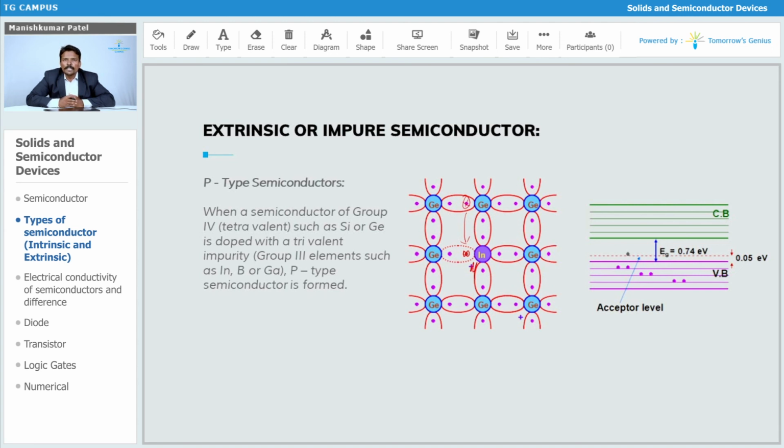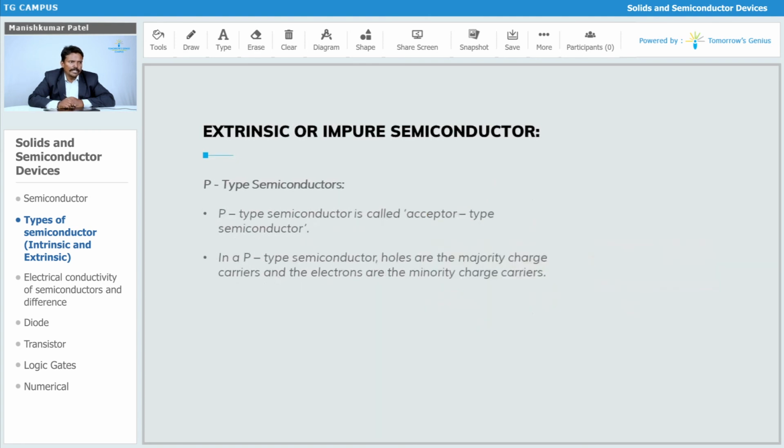So the majority carrier for this p type semiconductor is nothing but holes, and this is called an acceptor. So definitely this is what we call an acceptor type semiconductor. The majority carrier in this case is nothing but the holes.